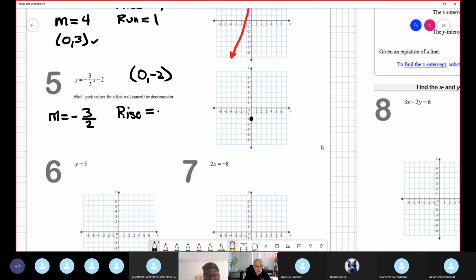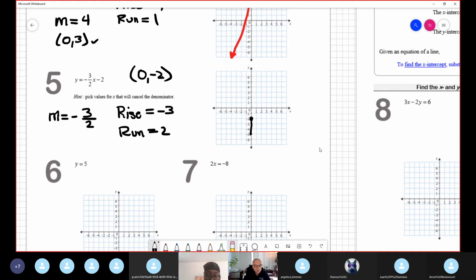Remember the responsibility, whether negative or positive, I always assign it to the rise. And the slope I know is negative. So my line is going down from left to right, and run is 2. So now I go down 3 units: we are at -2, so if you go down 3 units, it's -5.